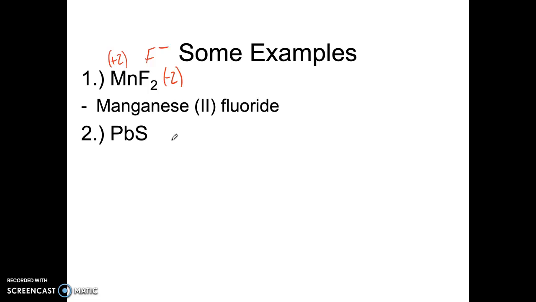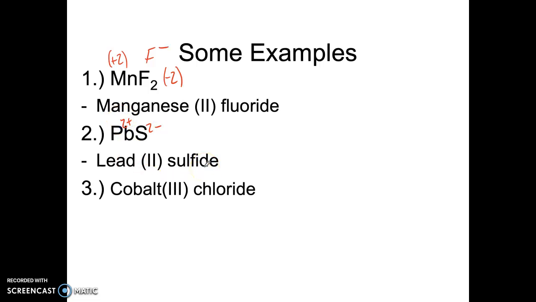Okay, now we have lead sulfide. Okay. Again, sulfur is a 2-, so this has to be a 2+ to balance out. Cobalt 3 chloride. Now we're going to go the other way. So we know that cobalt is a 3 positive. Cobalt is Co, so it's 3 positive.